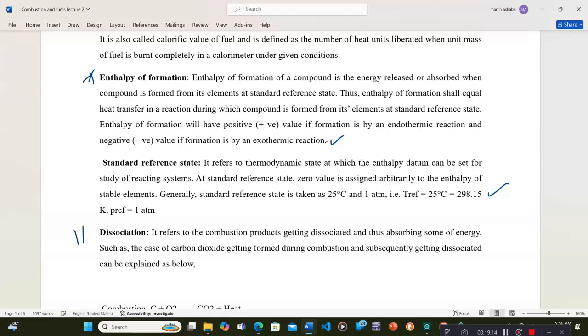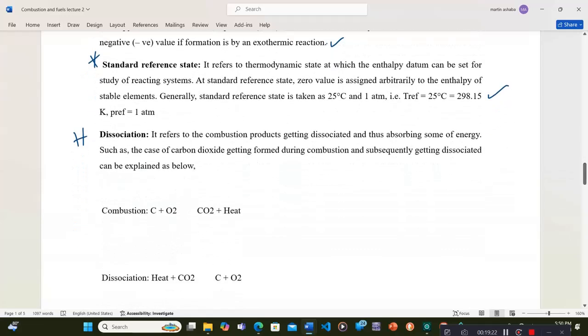We also need to understand what we call dissociation. Dissociation is applicable when the products of combustion or the products of a reaction disintegrate into their constituent reactants.